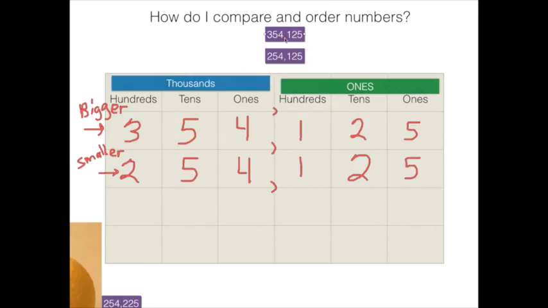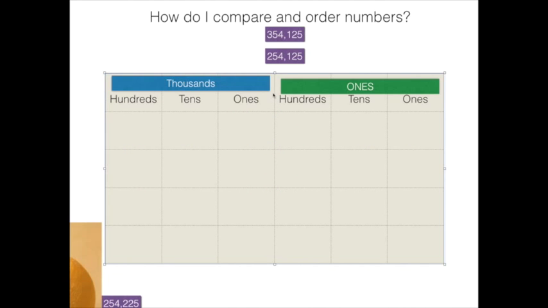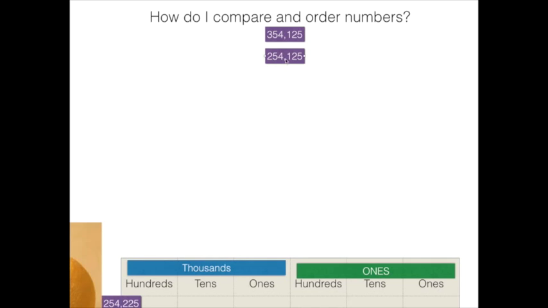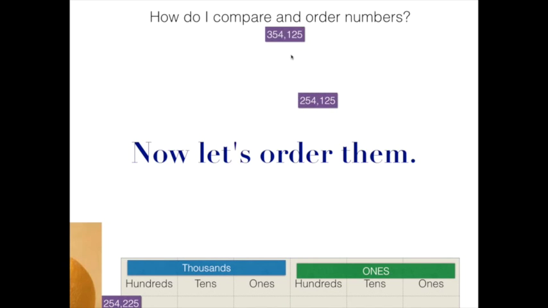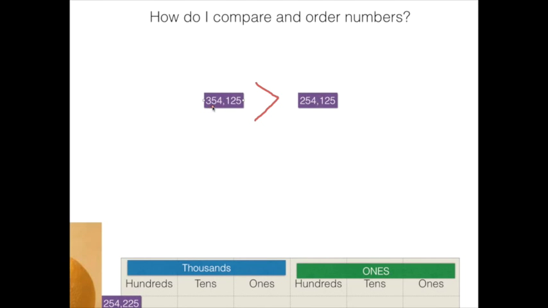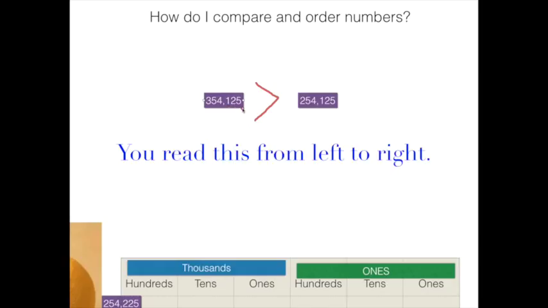Now, if we want to look back up here, we can also rewrite this. I'm going to clear my board for a second. We can rewrite this to say 354,125 is actually greater than 254,125.